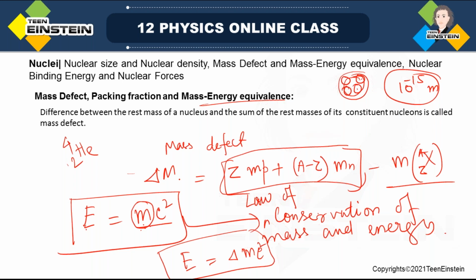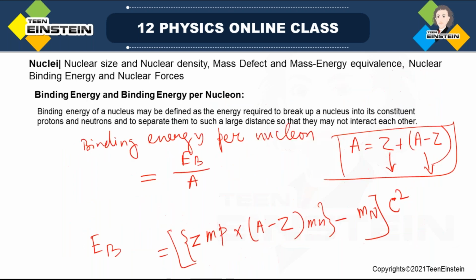And binding energy per nucleon is defined as Eb by mass number.